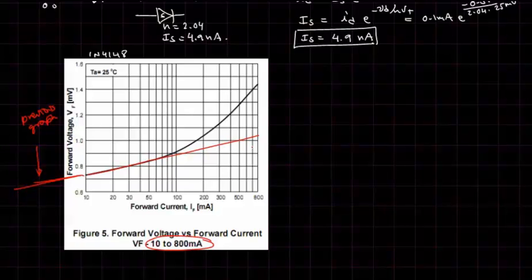And what that tells us is that the Shockley equation does not adequately capture the DC VI characteristic of this diode. At higher currents, the voltage actually grows across the diode faster than the Shockley equation predicts.